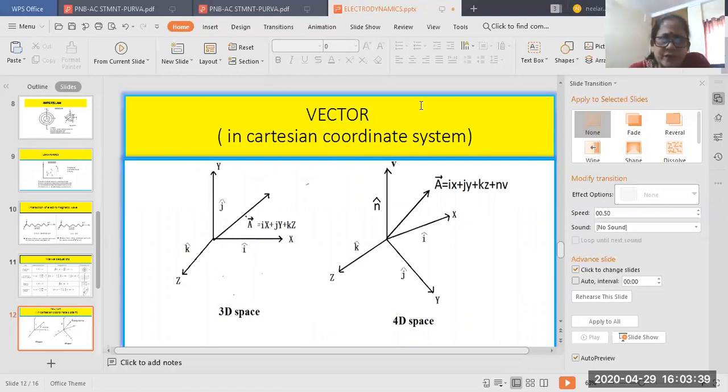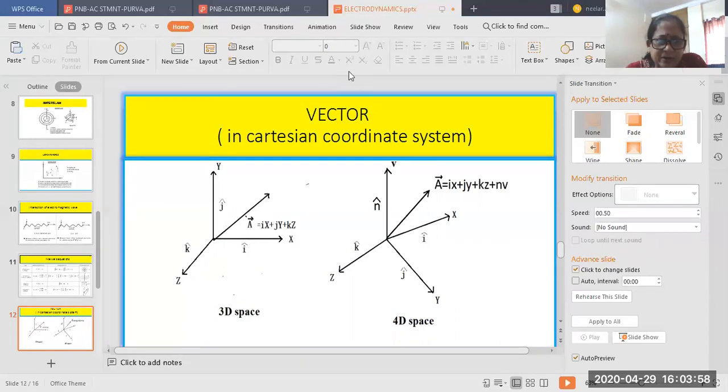So it's vector calculus, or a vector system compared with a Cartesian system here. You can see here a Cartesian coordinate system. It has three coordinates: one is x, another is y, and another is z. So a vector A, this is my vector.